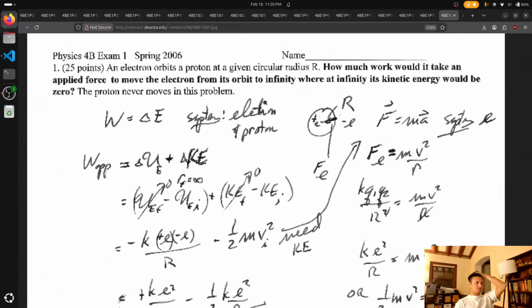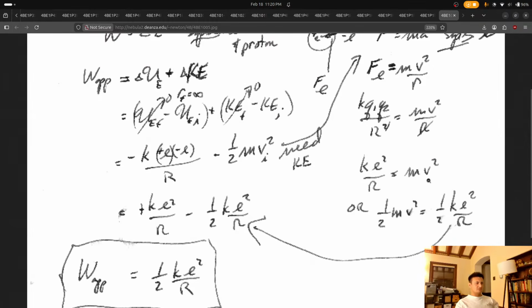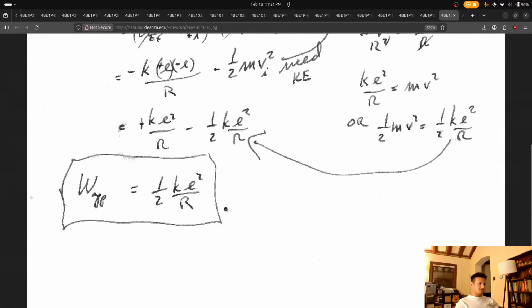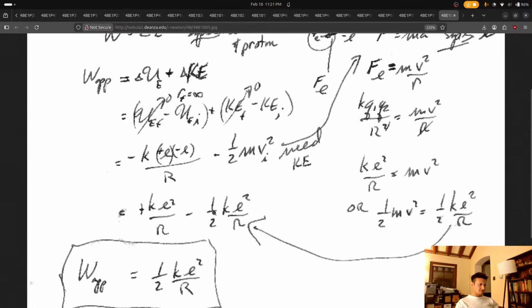An electron orbits a proton in a given circular radius r. How much work would it take an applied force to move the electron from its orbit to infinity, where at infinity its kinetic energy would be 0? Well, what's that? E. What is that? 1/2 ke squared over r.